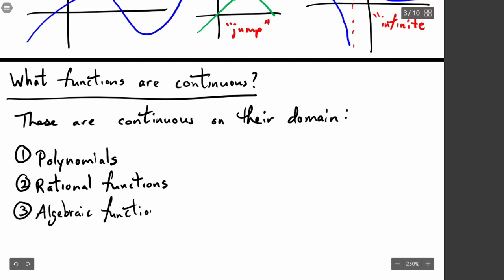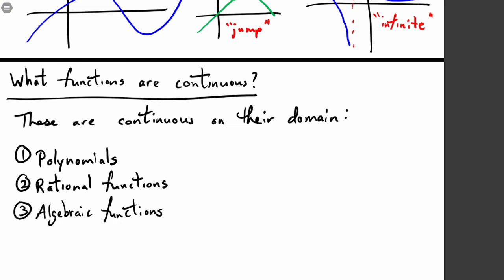These just mean that they're functions built out of algebraic operations, like adding, subtracting, multiplying, dividing, exponents, so square roots, cube roots, like any kind of powers of x. So really, algebraic functions include these last two.